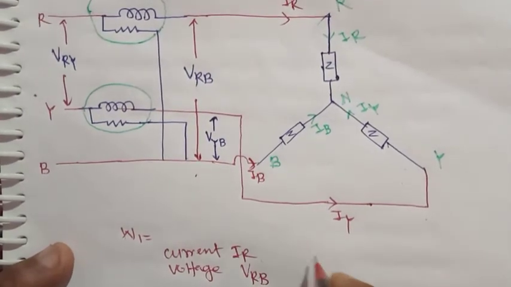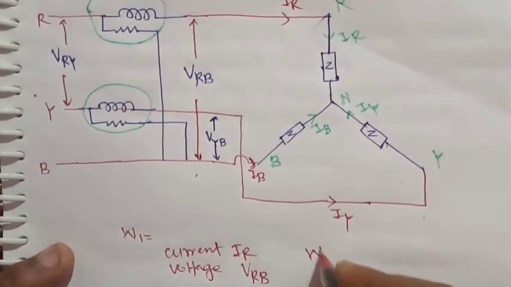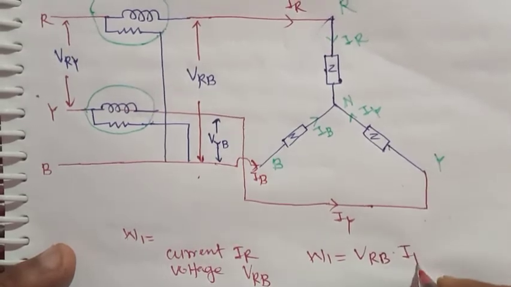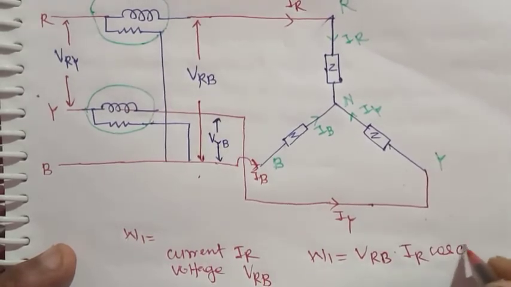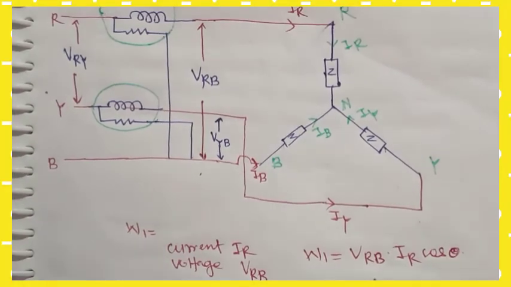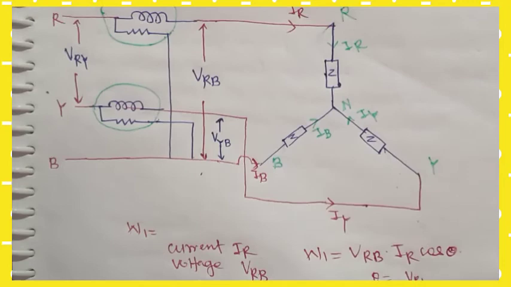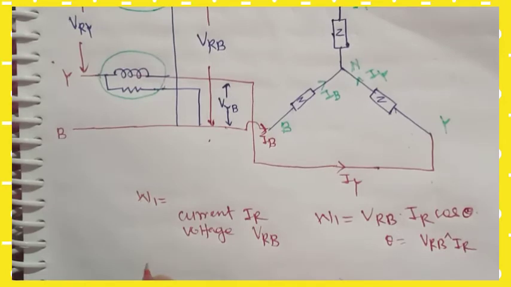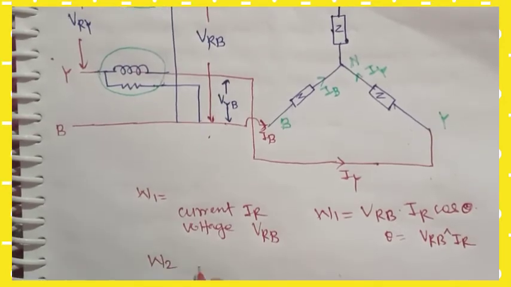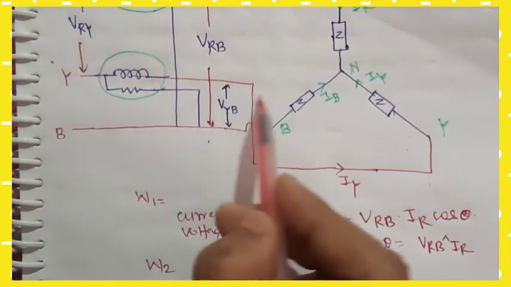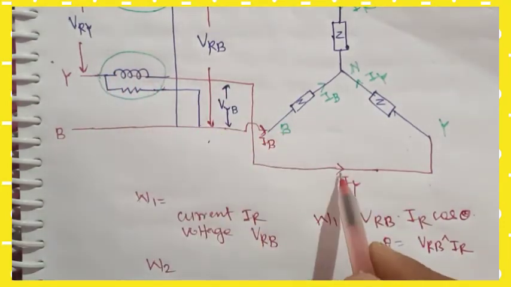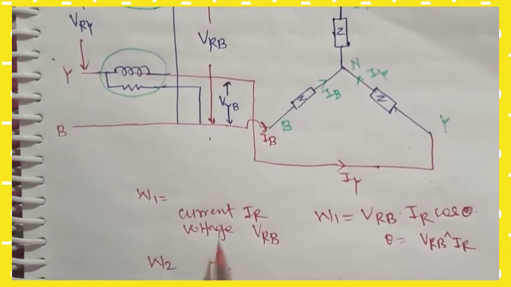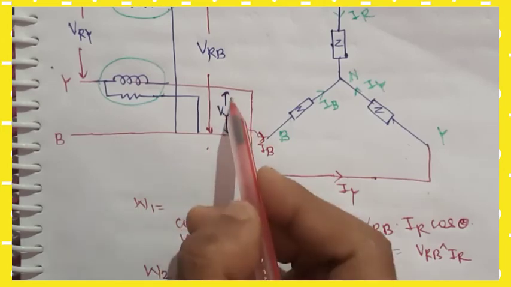Then what is the power? Power 1 will be VRB IR cos theta 1. What is this theta? This theta is the angle between VRB and IR. And for wattmeter 2, what will be the current? The current will be IY, and the voltage will be VYB.